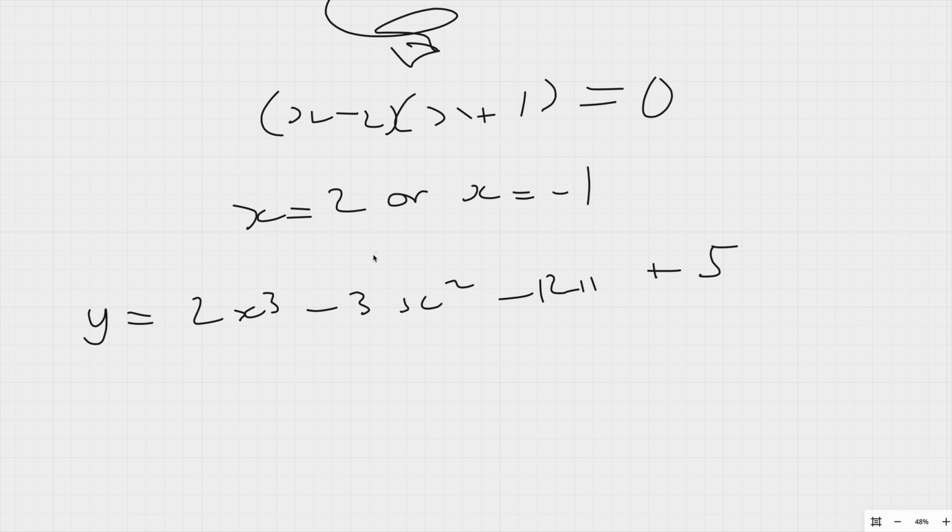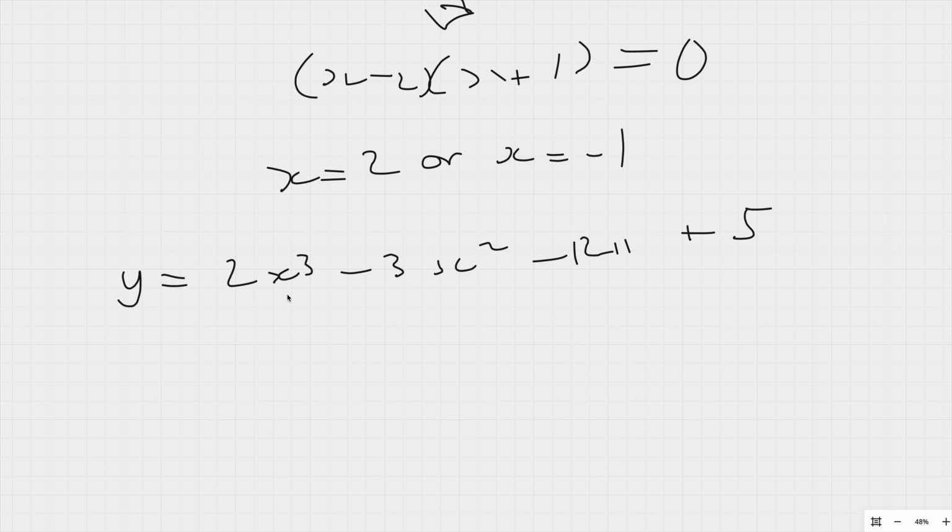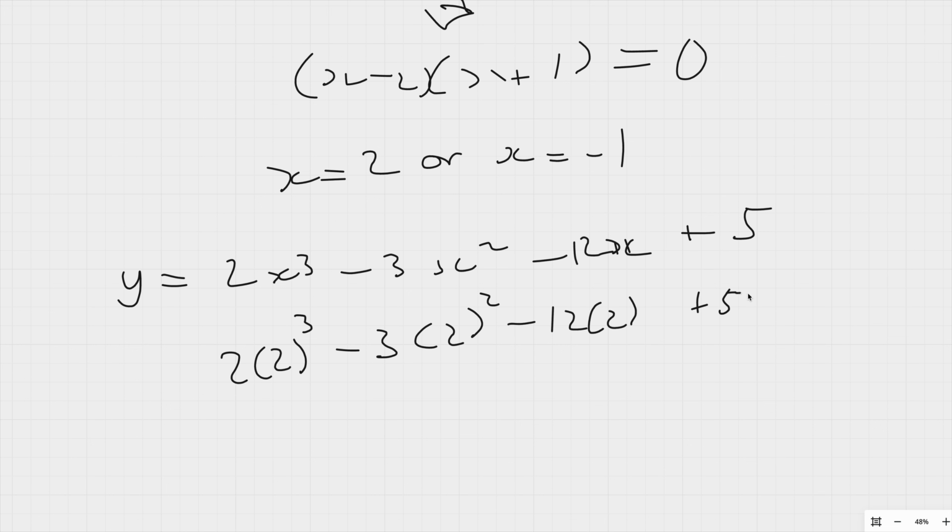Let's start off with the 2, where it will give us 2 times 2 to the power of 3 minus 3 times 2 to the power of 2 minus 12 times 2 plus 5. Beautiful. Which gives us 16 minus 12 minus 24 plus 5, which equals minus 15.